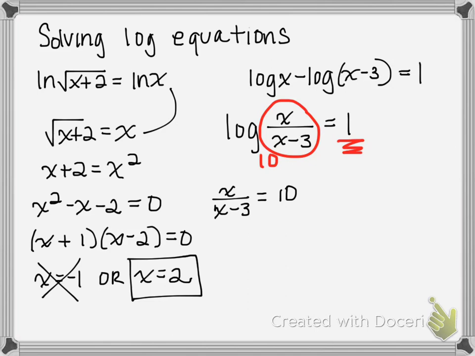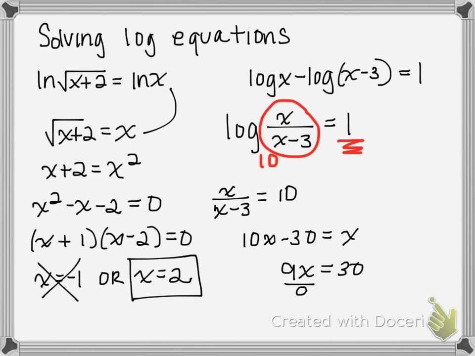Okay, let's finish solving here. I've got 10x minus 30 is equal to x. And then 9x is equal to 30.